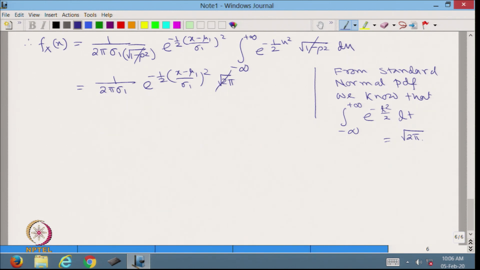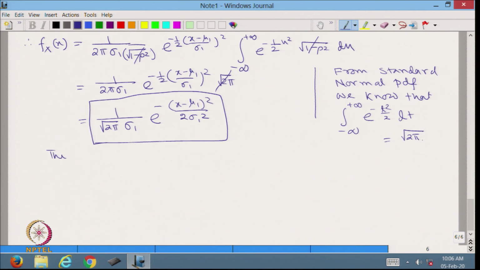So, we cancel it with this, and therefore, this is coming out to be 1 over root over 2 pi sigma 1 e to the power minus x minus mu 1 whole square upon 2 sigma 1 square.